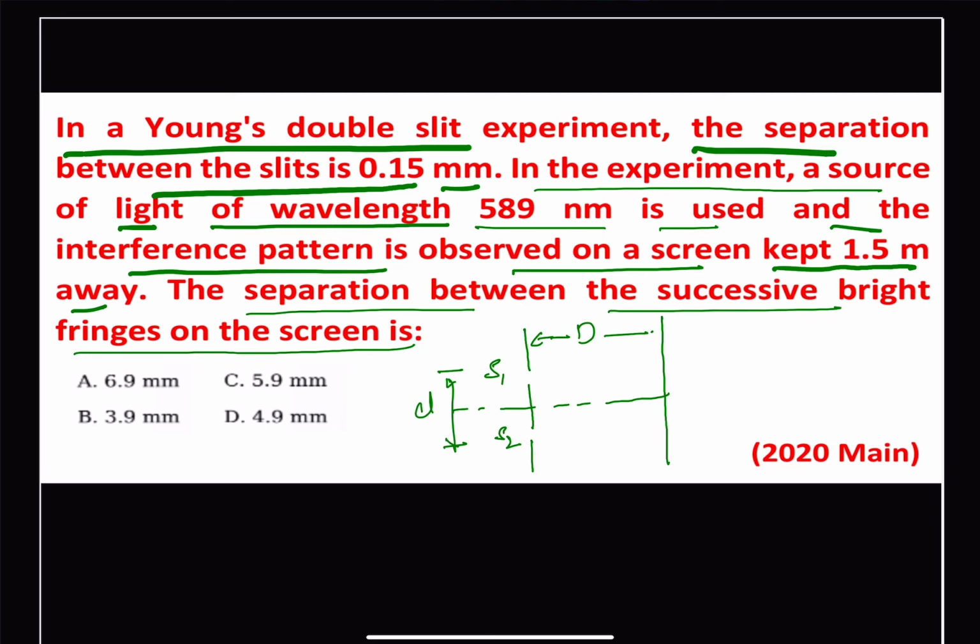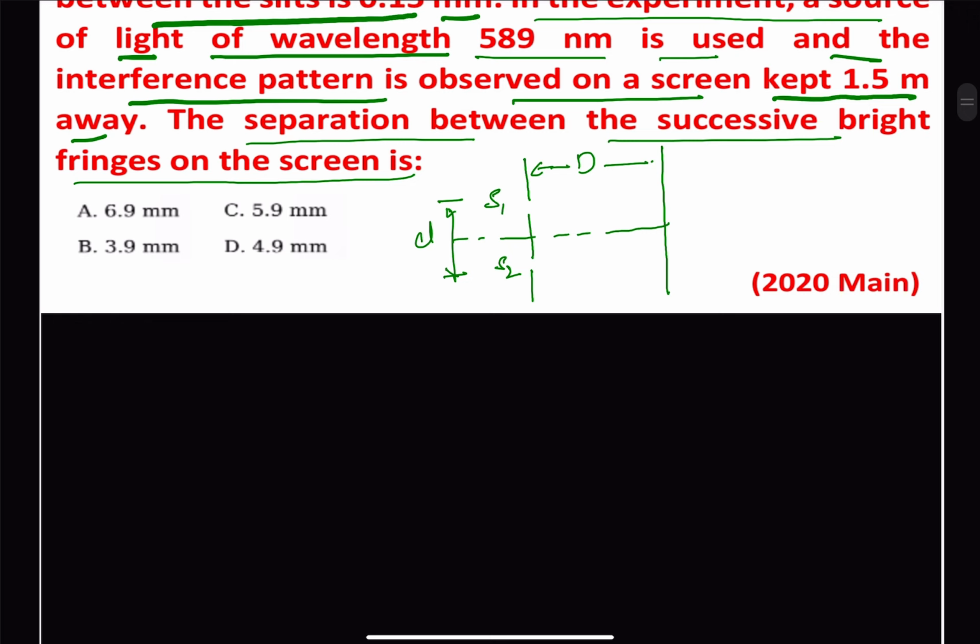We can say that fringe width will be equal to lambda capital D divided by small d. So you can see that our fringe width, that is beta, will equal lambda capital D upon small d.